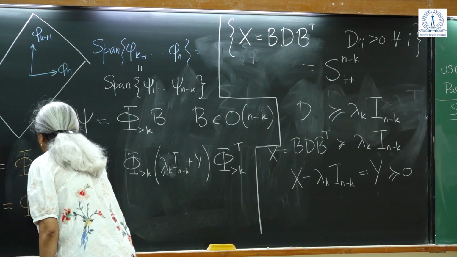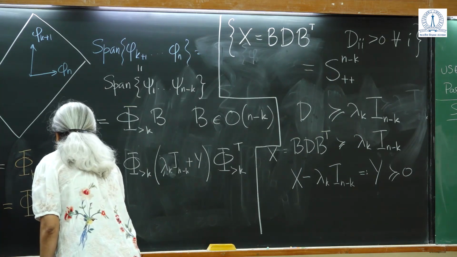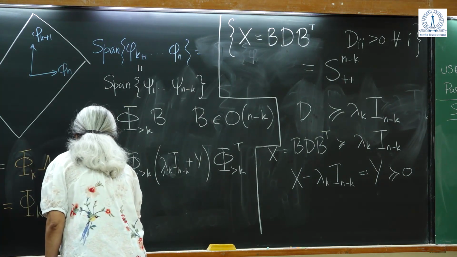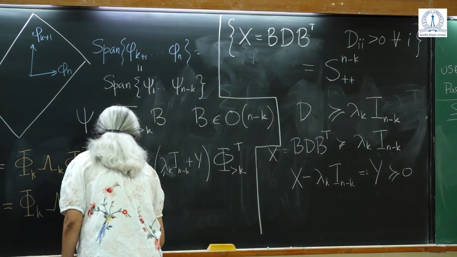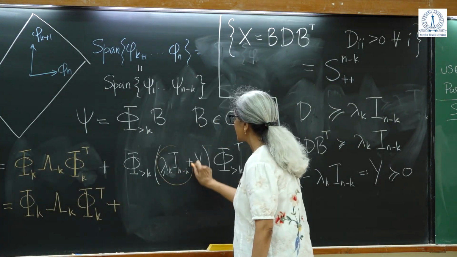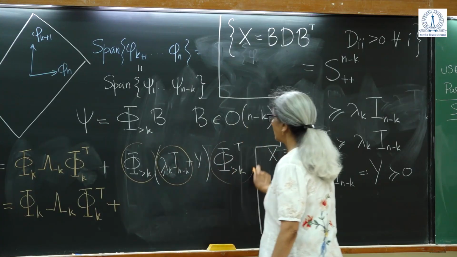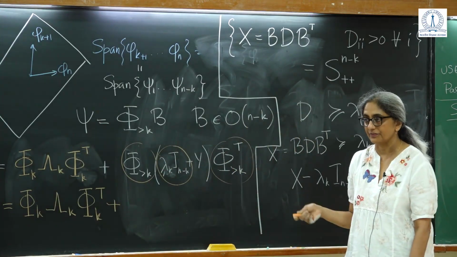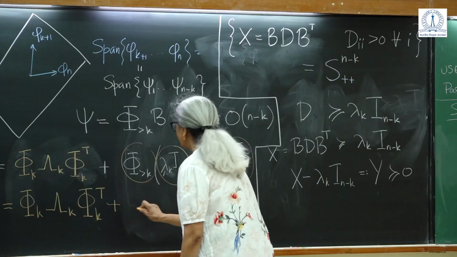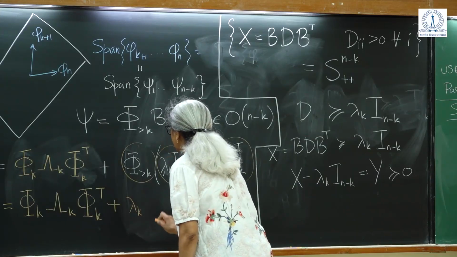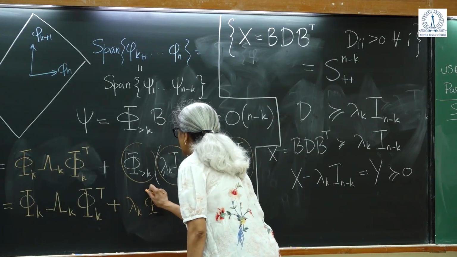So this is phi k, lambda k, phi k transpose, plus, this piece and this are also part of the data that we are freezing. So I'm going to pull it out. If I pull it out, lambda k is a scalar, it comes out. Identity doesn't do anything.